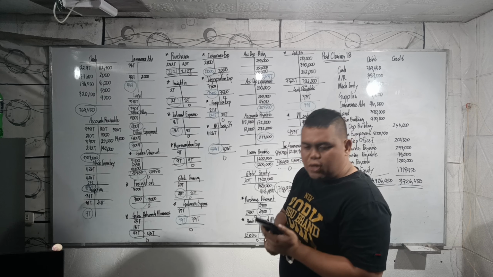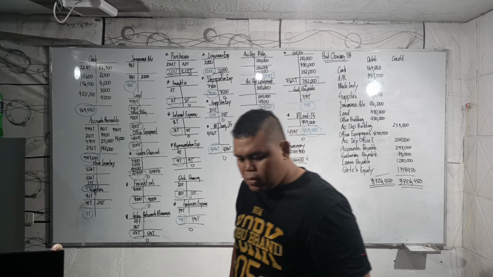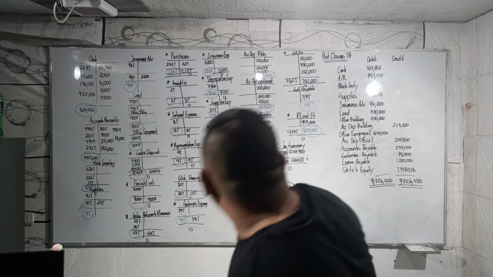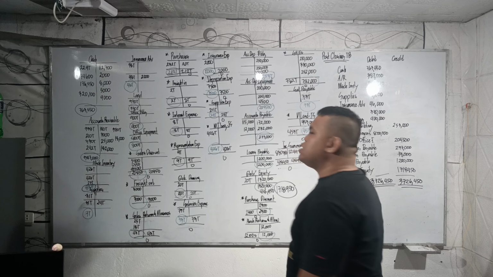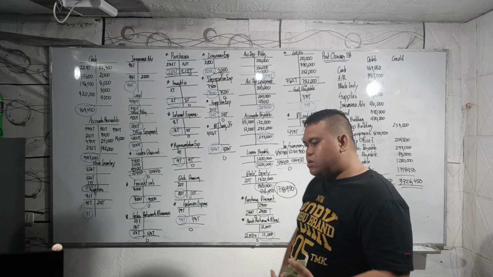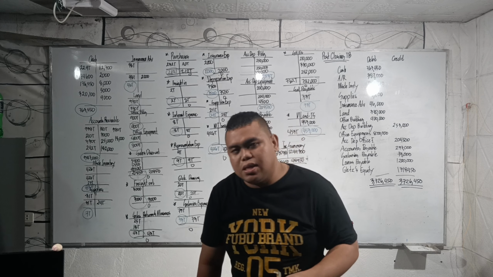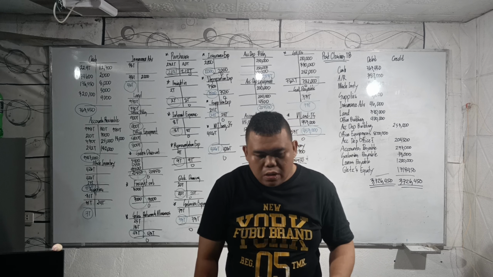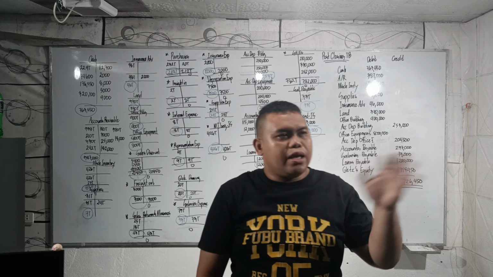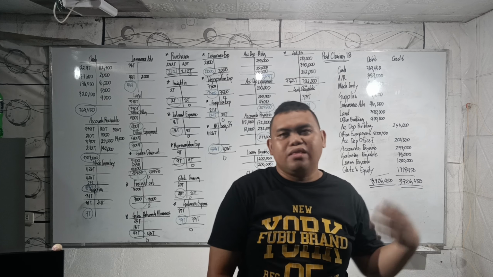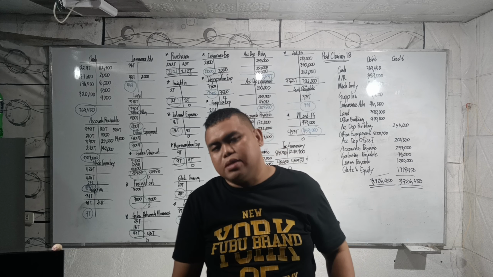Okay. So let's go to step 10, which is the reversing entries. Since this is already the last, let me tell you that the reversing entries are very easy to perform, because you just have to look at the adjustments, select from the adjustments, and then reverse them.